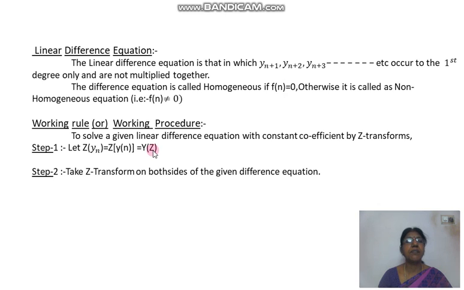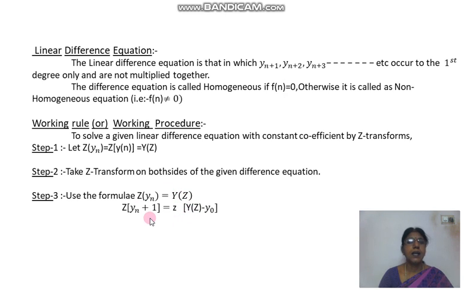So the first step is Z transform of y of n is equal to y of z. Next, take the Z transform on both sides of the given difference equation.